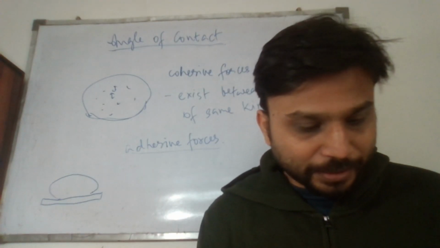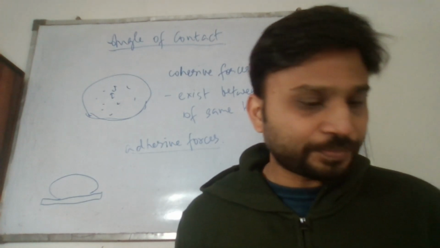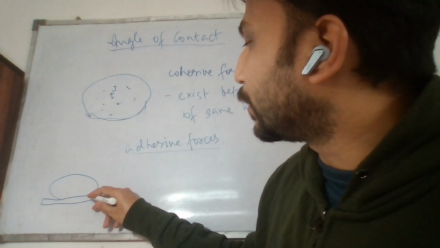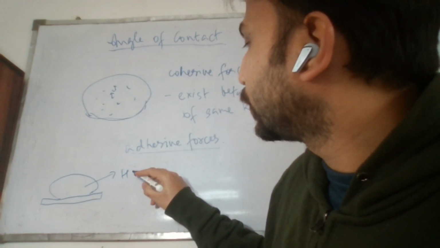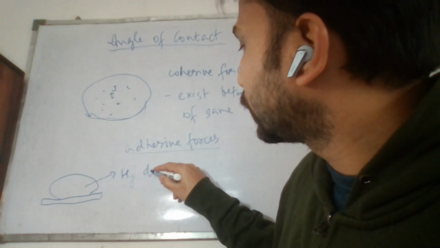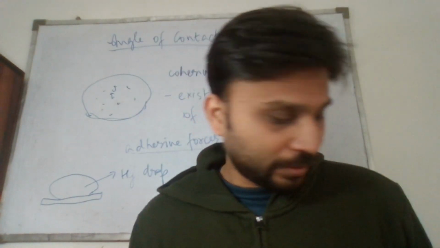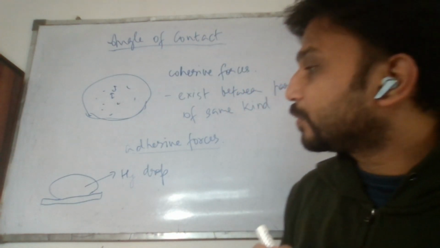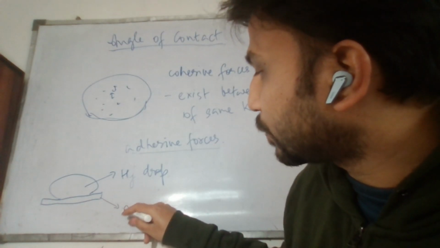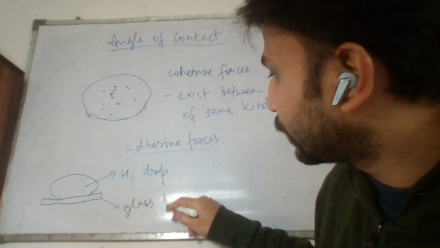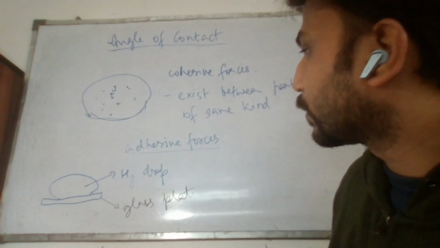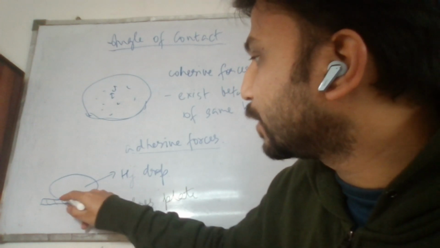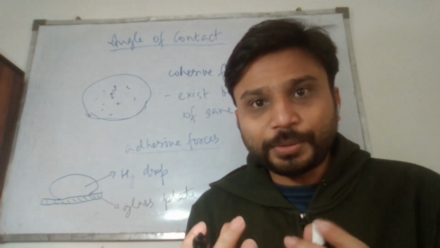This is the case of a mercury drop. You would have seen that when a mercury drop is placed on a glass plate like this, it tends to clump up together.